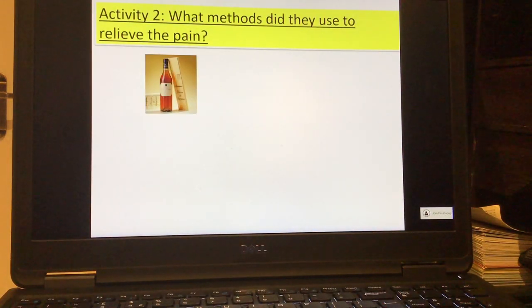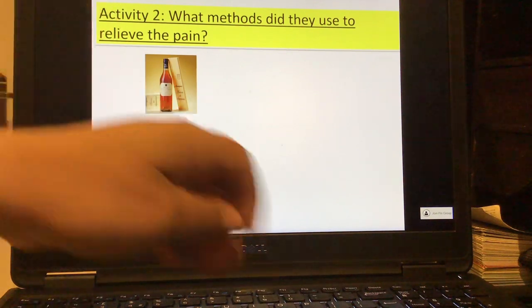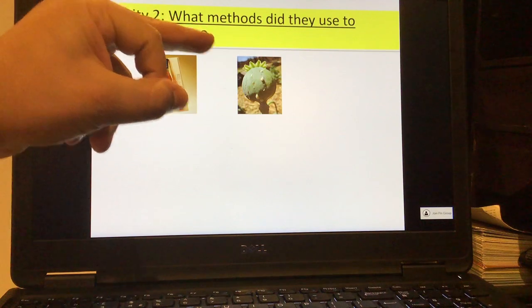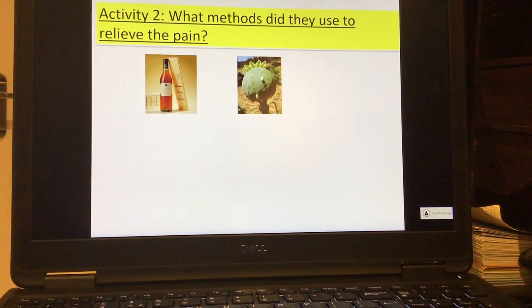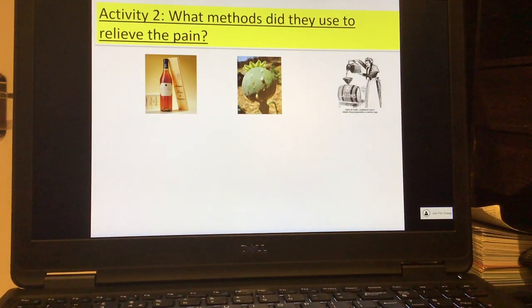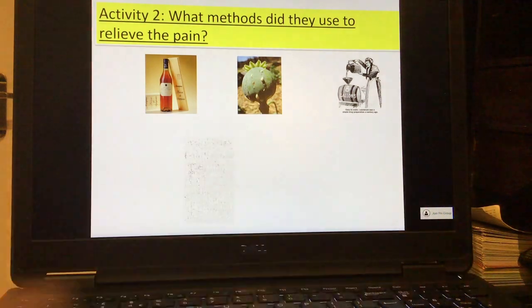Obviously alcohol, which is the first picture here, is one. They also used opiate, okay, and today we would probably recognise that as heroin, and as an illegal drug. They used easy to make laudanum, which was a staple drug, which they kind of prepared in gallons, which used some elements of alcohol.